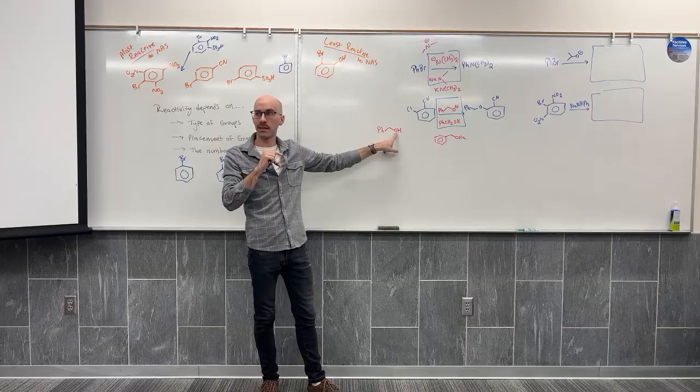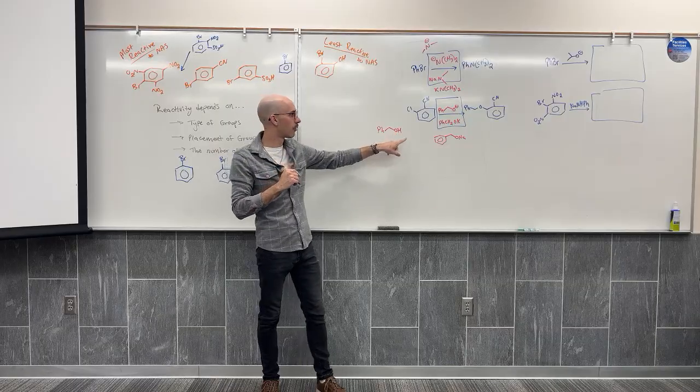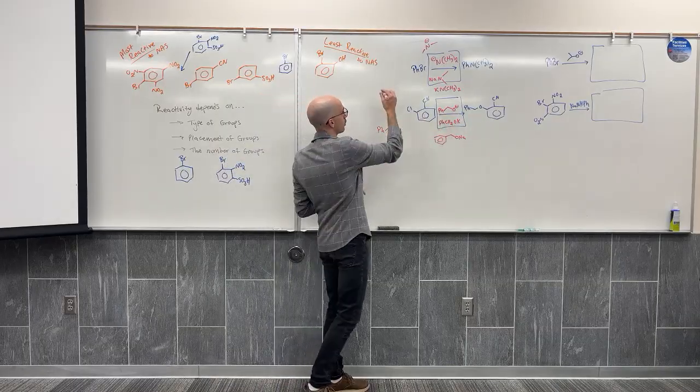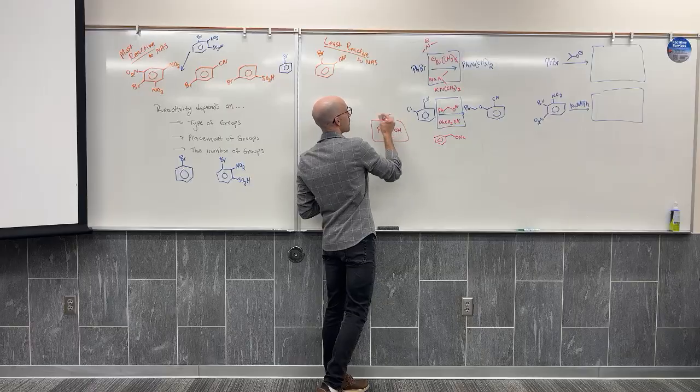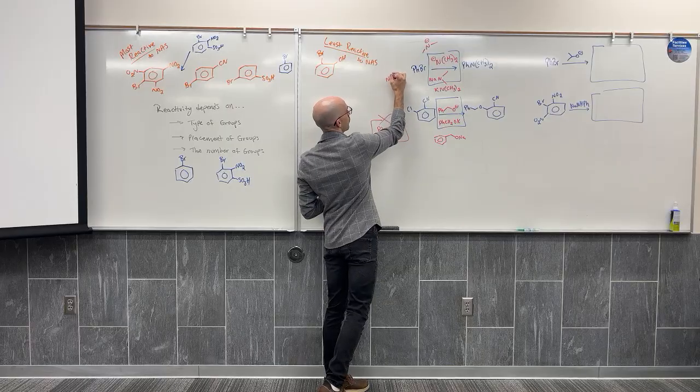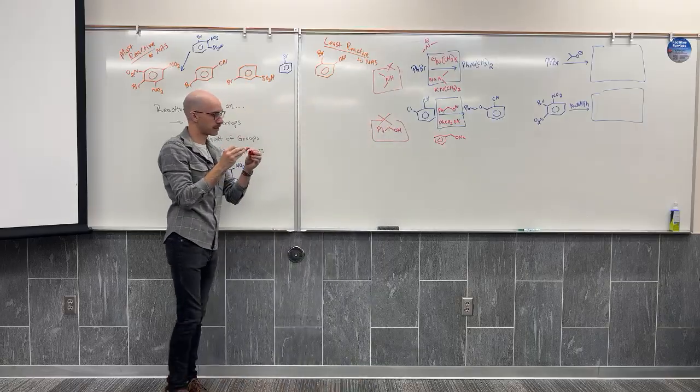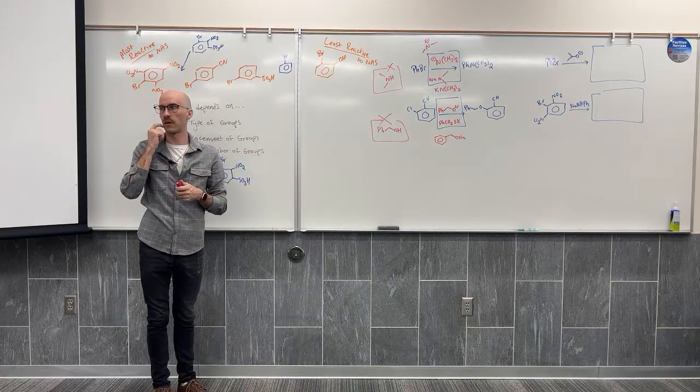This is a weak nucleophile, whereas these are strong nucleophiles. And for that same reason up here, this would be a bad answer because it gives us a weak nucleophile.